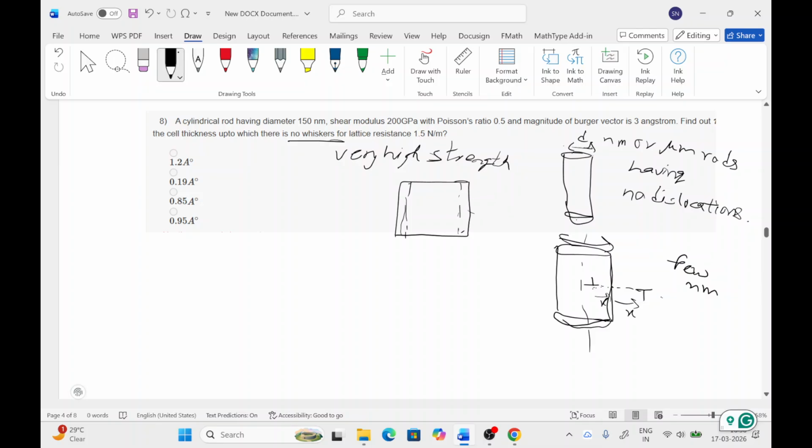So this region will be dislocation free. The imaginary force formula is calculated from the lattice friction force, meaning the dislocation will be coming to the surface.